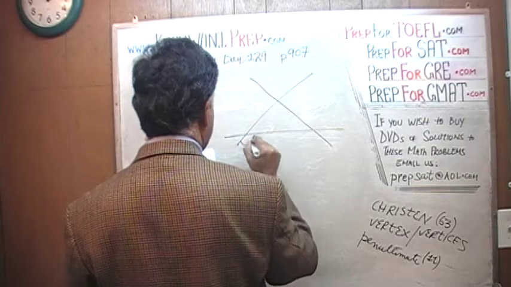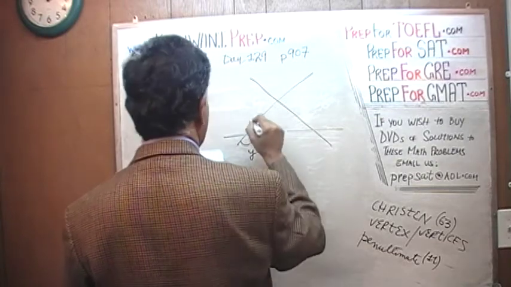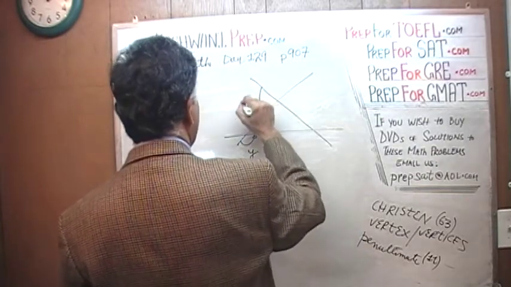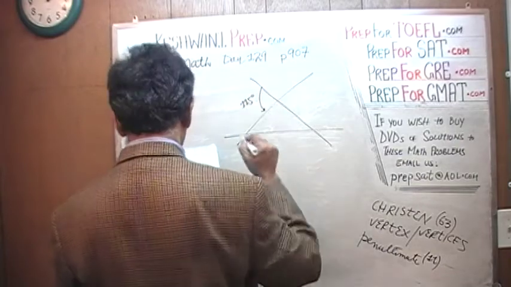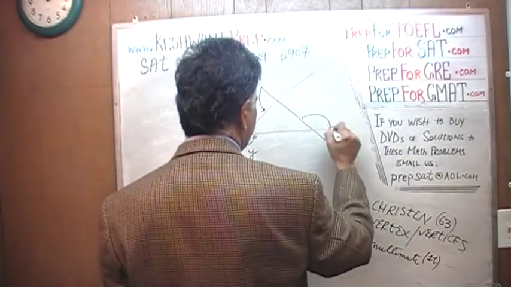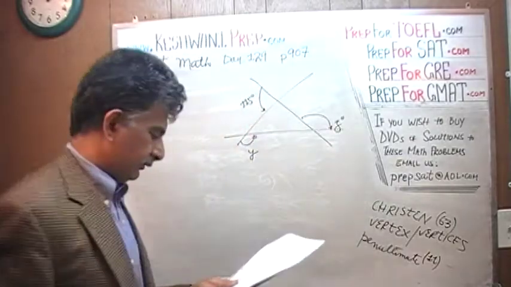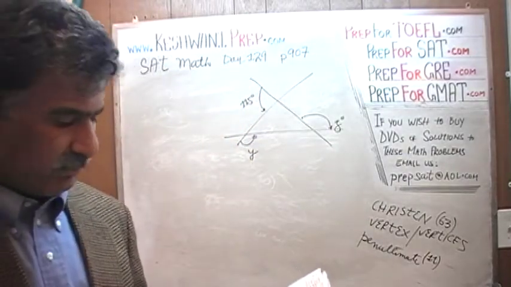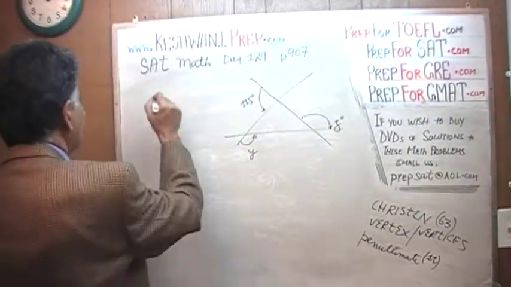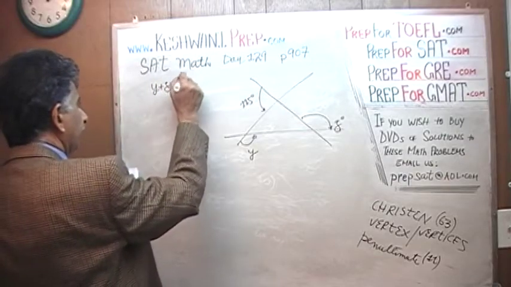This, we are told, is y degrees. This, we are told, is 115 degrees. And this, we are told, is z degrees. And the question simply is, how much is y plus z?